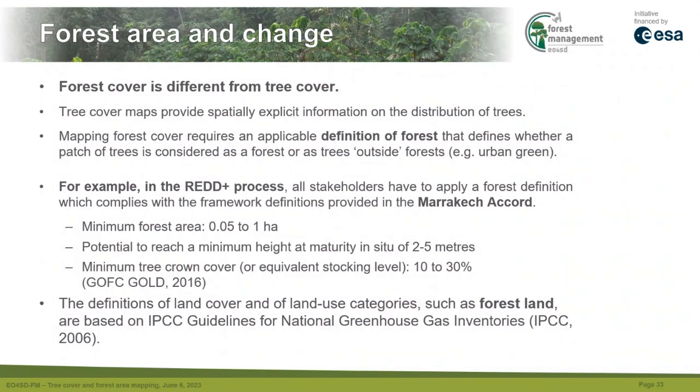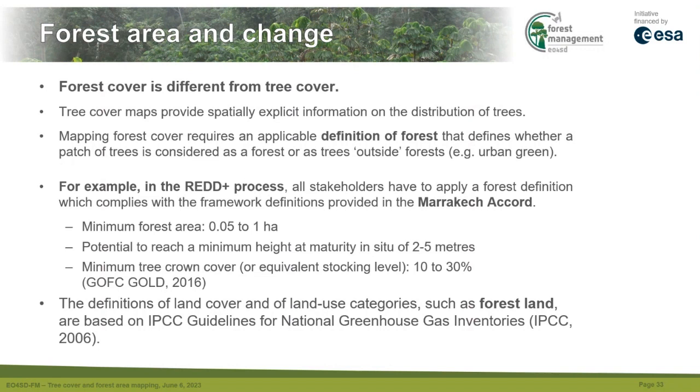Okay, so we already briefly went through the forest area and change product, but we would still want to highlight that forest cover is different from tree cover. So for the forest cover map, we need to apply some kind of definition of forest, whether it be a national definition or FAO definition or something along those lines.